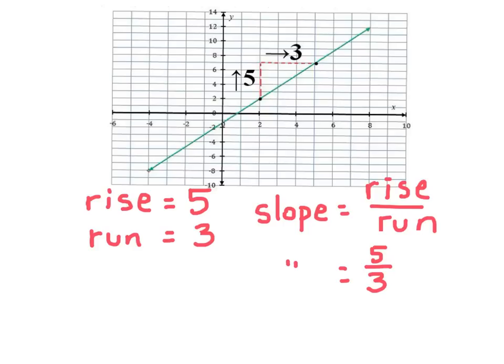If we pick 2 points on this line and go up 5 in the y direction, that is the rise, and over 3 in the x direction, that is the run, then the slope of this line equals 5 over 3, or 5/3.